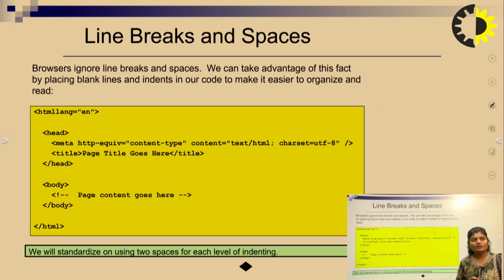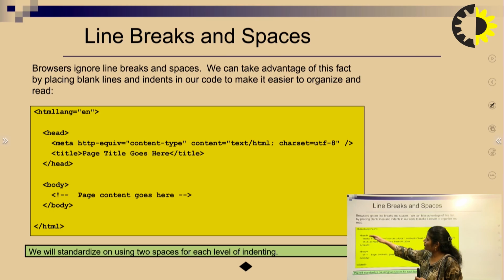Line breaks and spaces. Browsers ignore line breaks and spaces. We can take advantage of this fact by placing blank lines and indents in our code to make it easier to read and organize. Okay, so to indent our code, we use spaces. Here we are using head. After that, when we write the meta tag, we give some space.